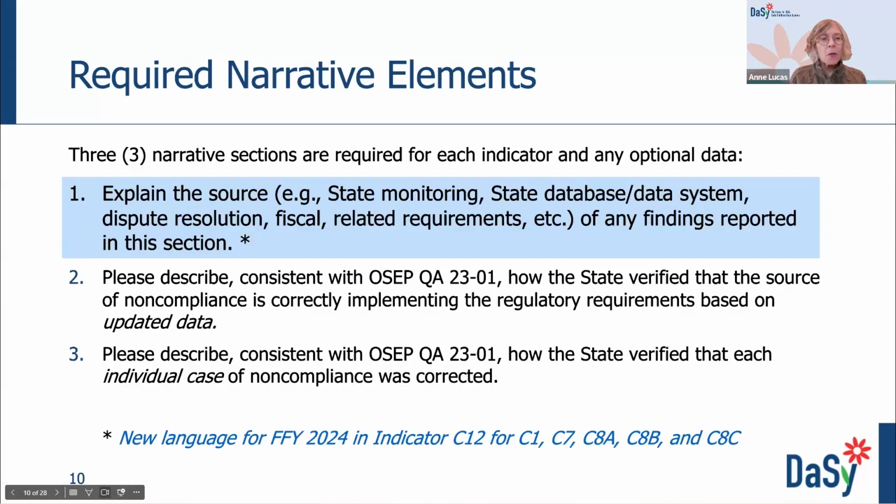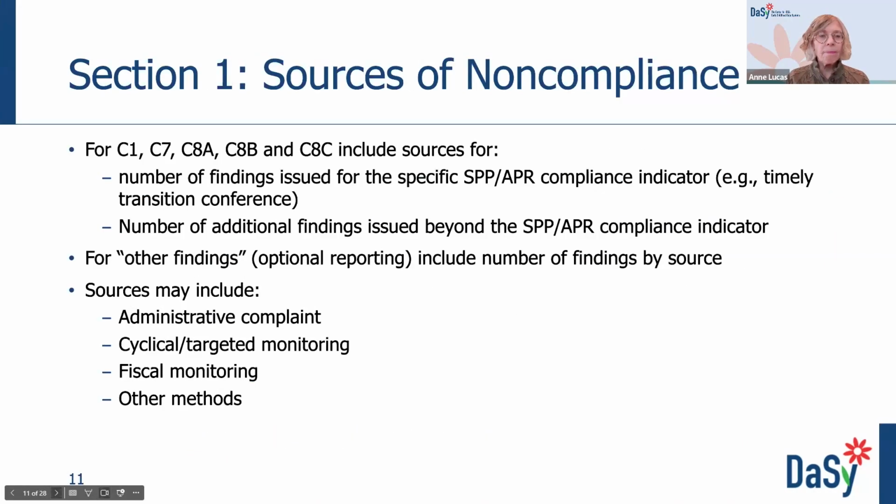Okay, let's go on to the next slide. So I'm going to talk about each of those three sections separately, and I'm going to start with the sources of noncompliance, which is the first item that's new.